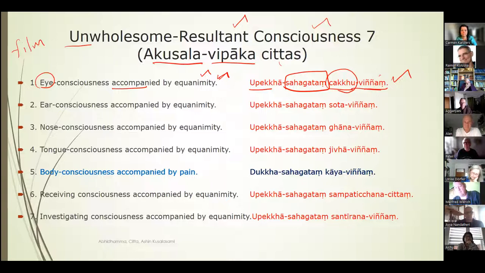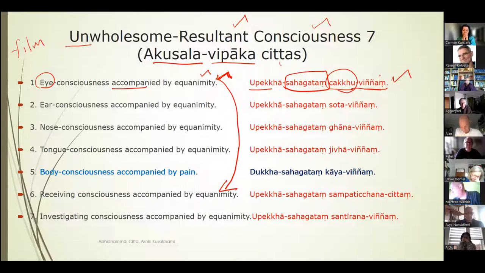So when we look at the sky, we take only the sky. Later I will explain more about it. Eye consciousness takes the object, and this consciousness is handed over to the next consciousness, the receiving consciousness.